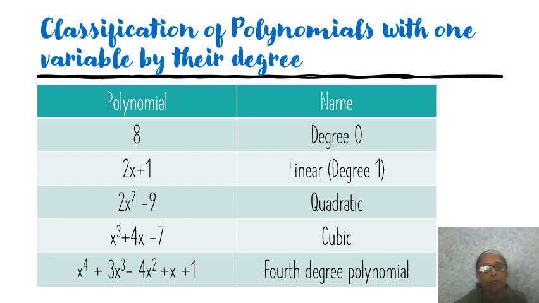Here the degree of the polynomial is 3, and therefore you call it cubic polynomial. Is that clear? The last one, what is the degree of the polynomial? x to the power 4 is coming, therefore it is having degree 4. So it is named as 4th degree polynomial. If the degree is 5, then you call it 5th degree polynomial. It goes like that. Is it clear?